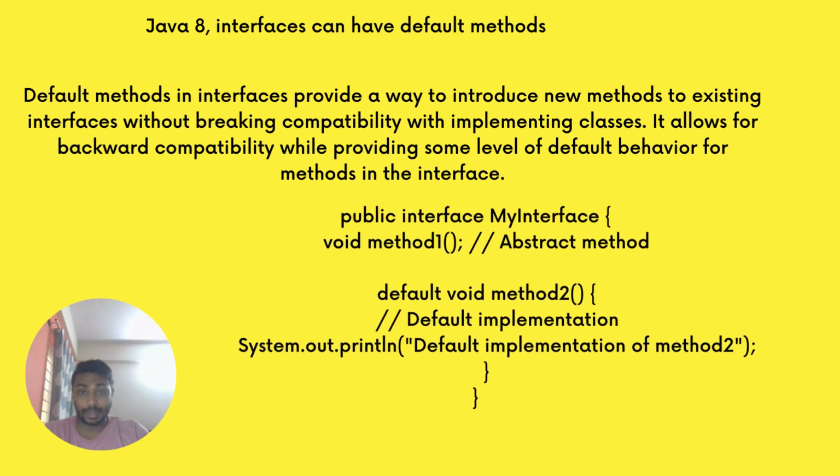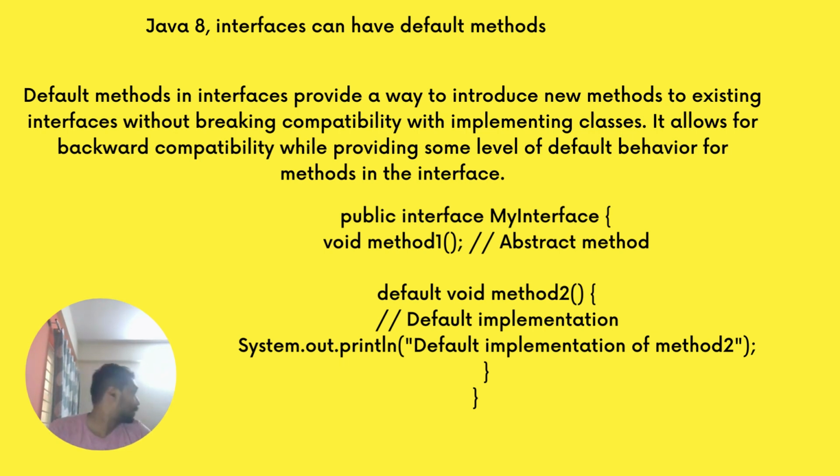A Java interface can have a default method. A default method basically provides a way to introduce a new method to an existing interface without breaking the compatibility of implementation classes, and it allows backward compatibility as well. So here you can see we have MyInterface with a void method, an abstract method.